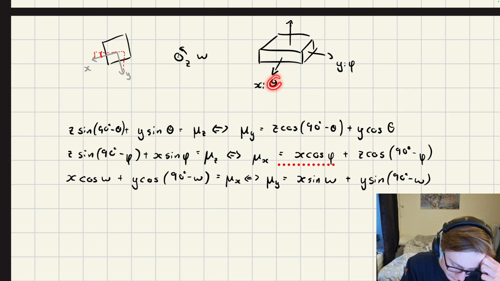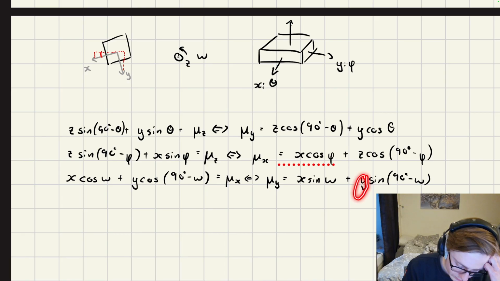So if this is 0, this is 0. We expect that X and Y should be 0. So if this is 0, this is cosine of 90, which is 0. If this is 0, we get Y at 0. If omega is 0, this is 0.